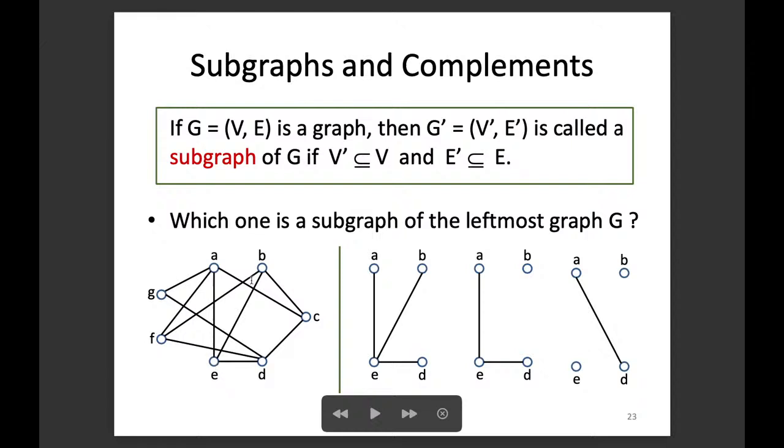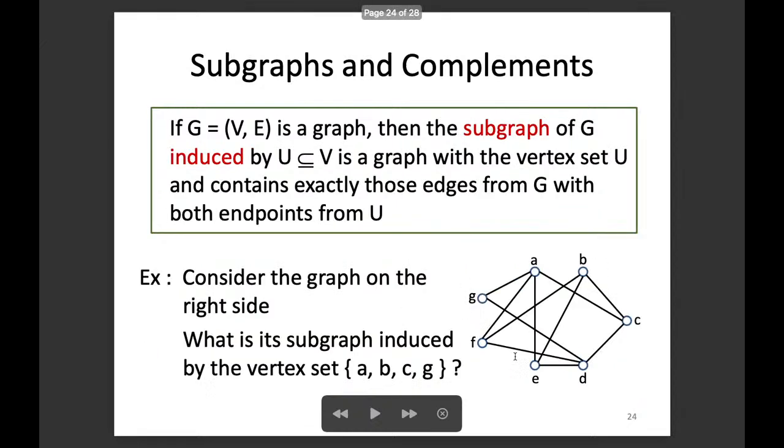We need to keep edge BE, also the edge DE. So this is actually the induced subgraph of the original graph based on the subset of vertices A, B, D, E. So this is an induced subgraph, and this is not. Okay, so once the subset of vertices, let us call it U, is known, then the induced subgraph is defined. There is only one of them.